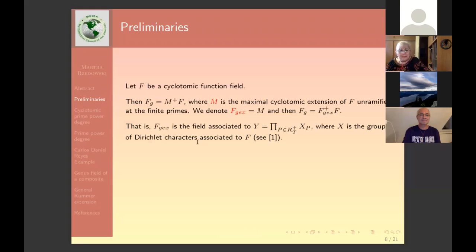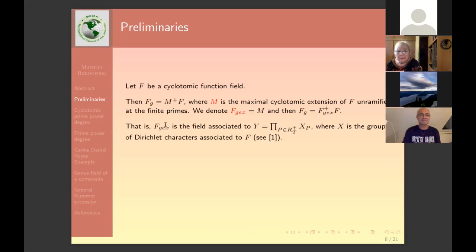Well, this extended genus field is the field associated to this Dirichlet character or group of characters, where X is the set of Dirichlet characters associated to F. So in the case of F, this could be mixed up, and then with Y we separate them.